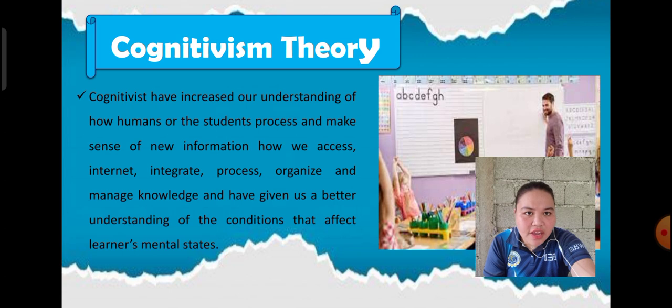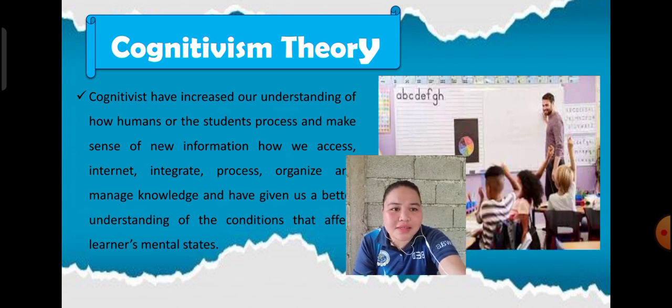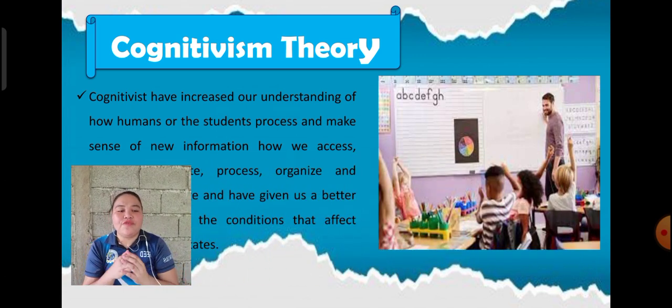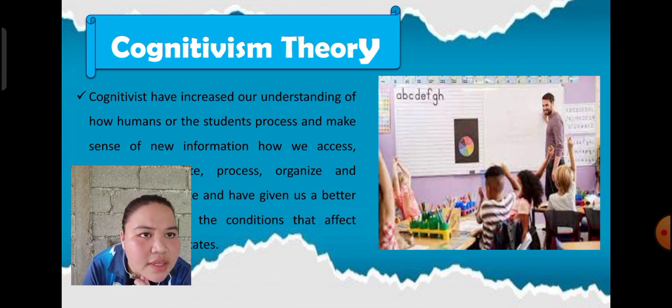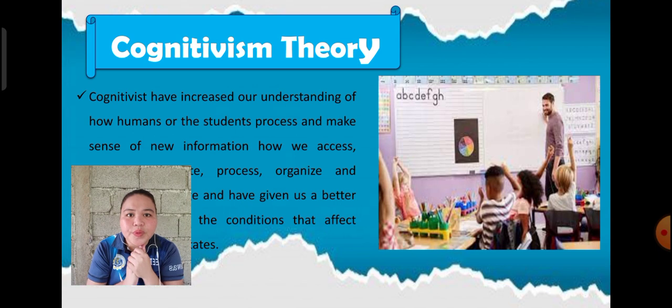Whereas, here we can sense what the use of the internet is, what the use of those specific things is. Okay, as you can see in the pictures, the teacher there is giving us, the students, an activity, posting a color wheel.